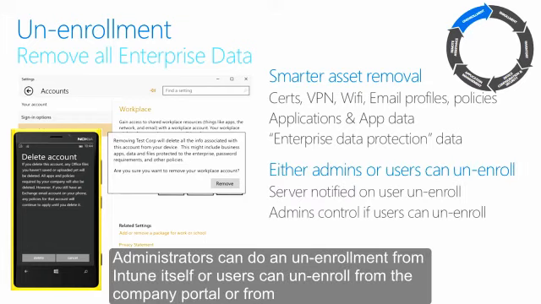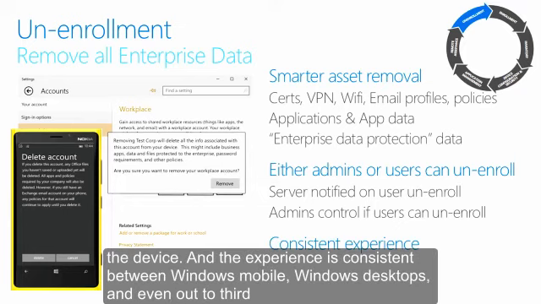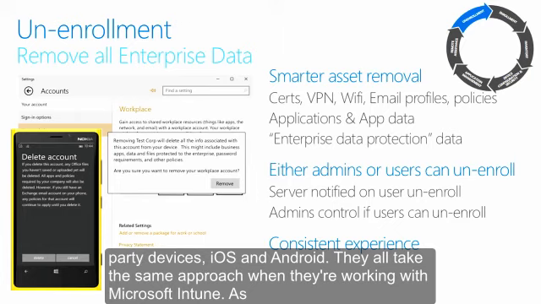Administrators can do an unenrollment from Intune itself, or users can unenroll from the company portal or from the device. And the experience is consistent between Windows Mobile, Windows desktops, and even out to third-party devices, iOS and Android. They all take the same approach when they're working with Microsoft Intune.